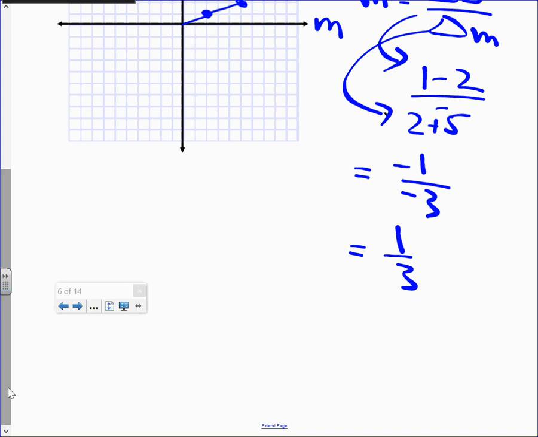What do you mean? Right. What's negative divided by negative? Positive. That's why. Negative 1 divided by negative 3 is going to be a positive 1/3.